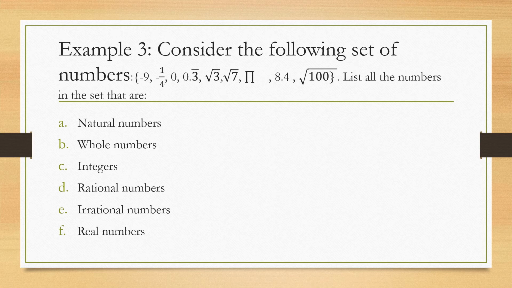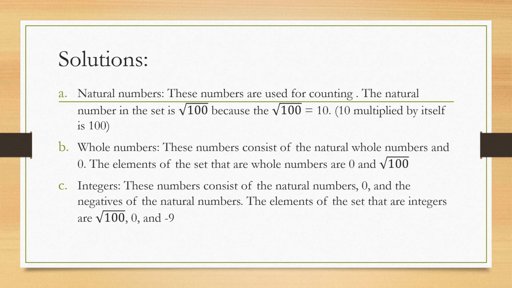List all the numbers in the set that are natural numbers, whole numbers, integers, rational numbers, irrational numbers, and real numbers. Okay, so let's see the solution.